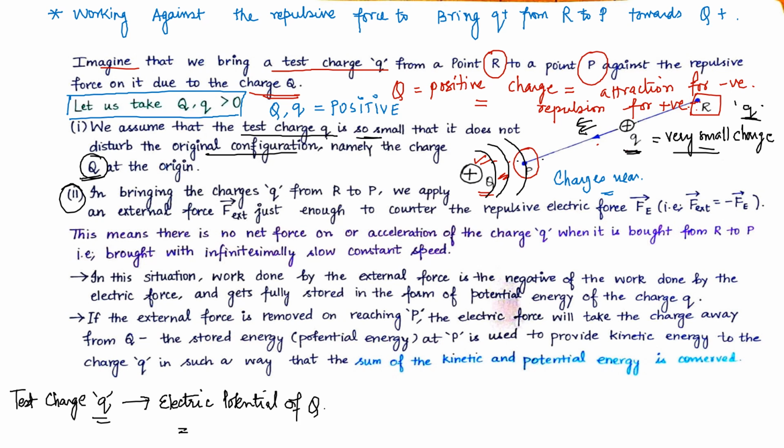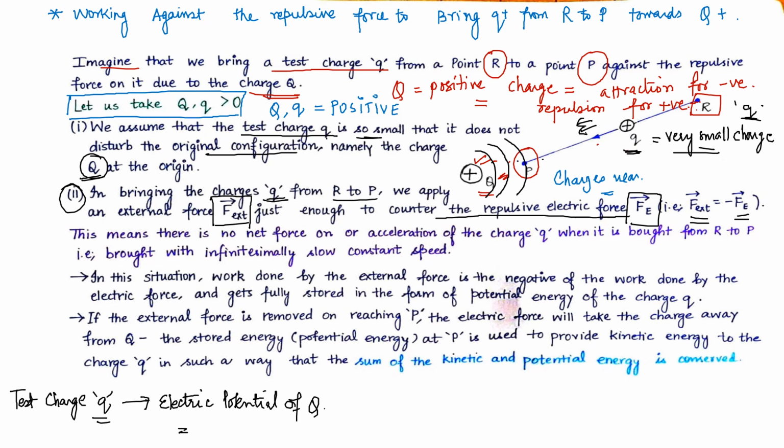Now 2, in bringing the charge Q from R to P, we apply an external force F external just enough to counter the repulsive electric forces Fe. So F external has the same magnitude as the force due to the electric field of our capital Q charge, but the direction is different.